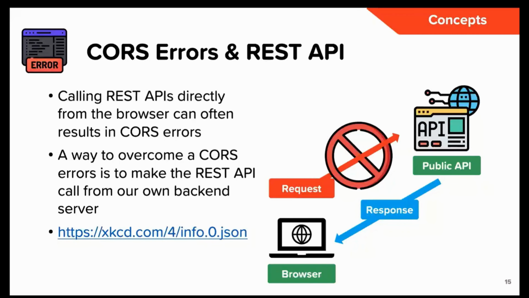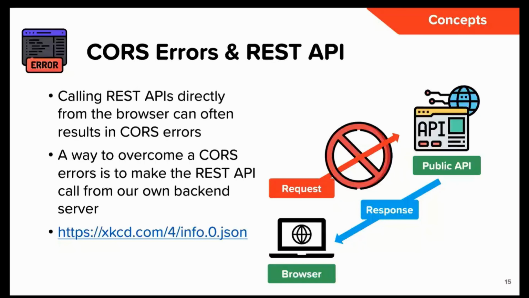Now, the issue with REST APIs is that when you make REST API calls directly from the browser, in other words, when you are executing client-side code, it can often result in what are called CORS errors, which stands for cross-origin resource sharing.